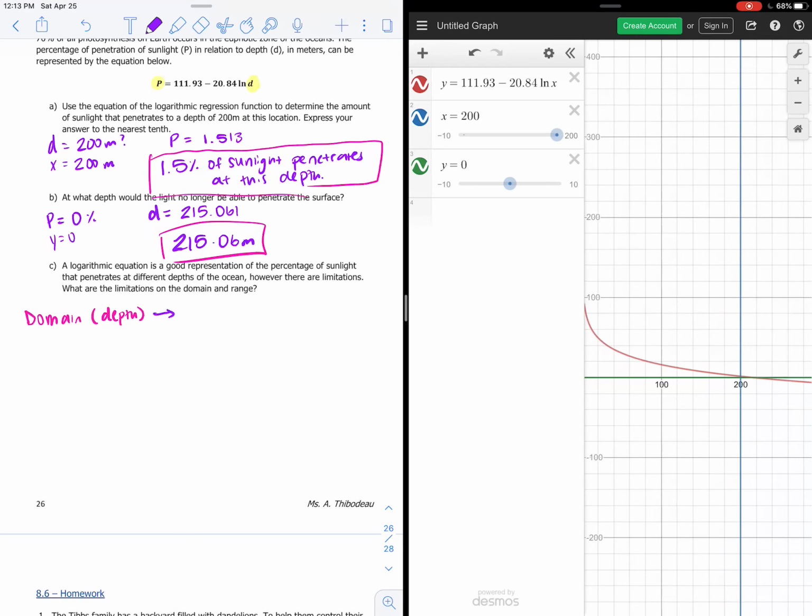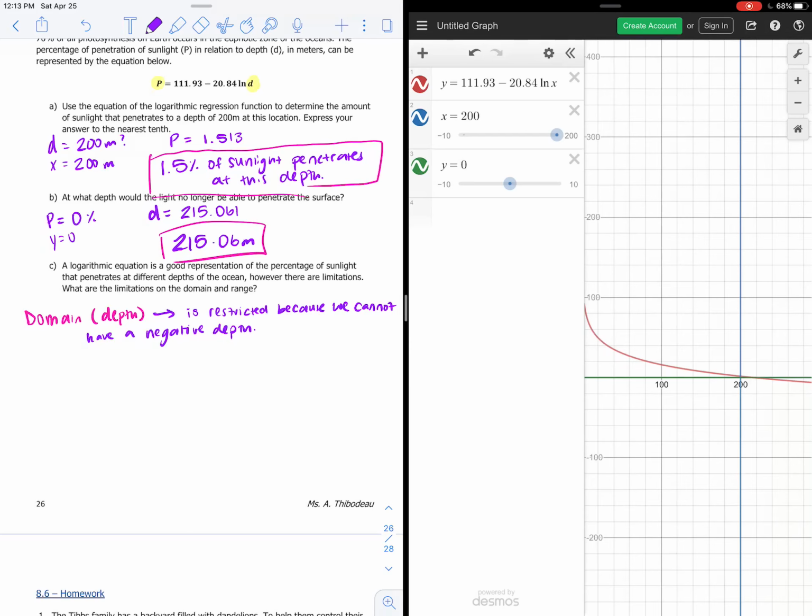So first of all, the first restriction is that the domain is restricted because we cannot have a negative depth, because contextually that just doesn't make sense.